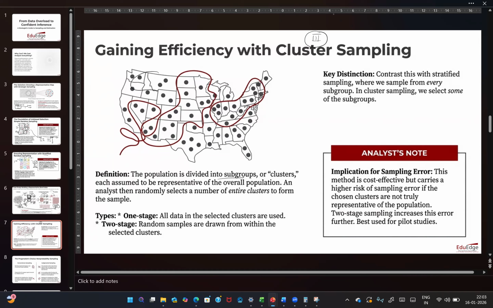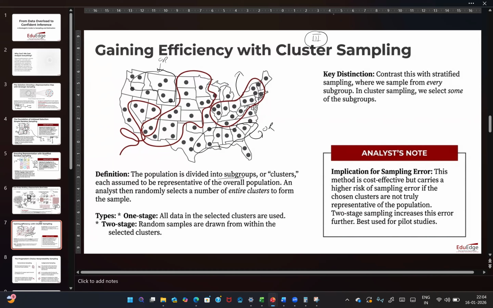Yeah. For instance, these are the clusters which will represent the entire population. So now I can randomly select one of these. So I can either select this, or I can select this, or I can select this. Okay. So that's called cluster sampling.